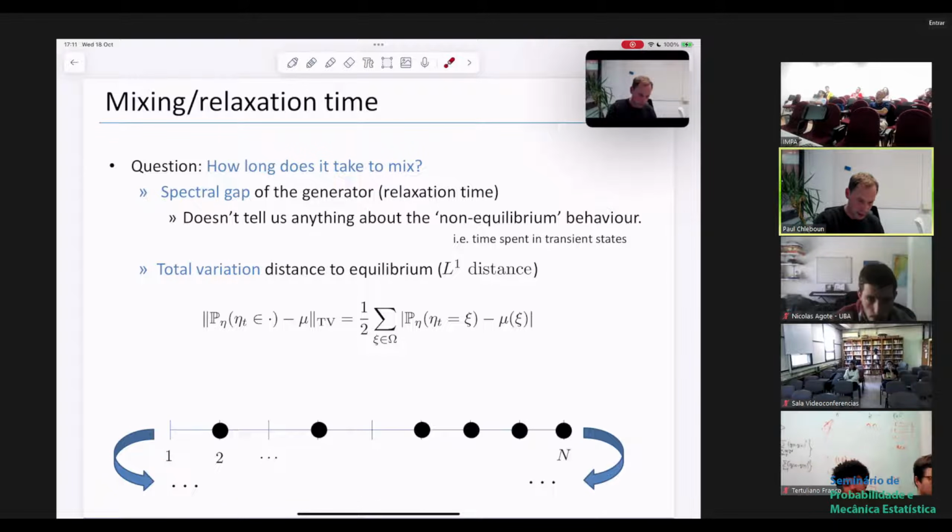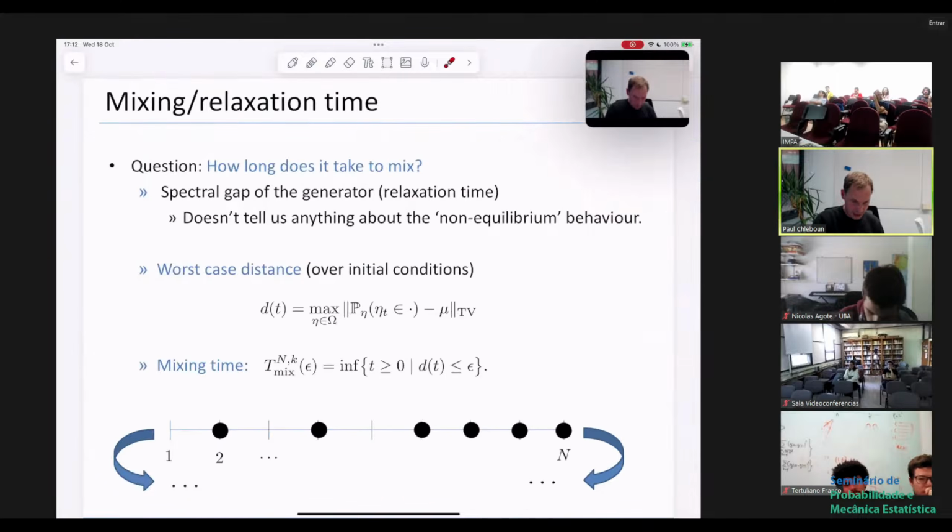Okay, so we look at the L1 mixing time in the usual sense. I've just written down the definition of total variation distance here. And then what we're interested in is how long does it take? So the smallest t such that the distance between the law of the process at time t started from the worst case initial condition, and the equilibrium, the reversible measure, is smaller than or equal to epsilon.